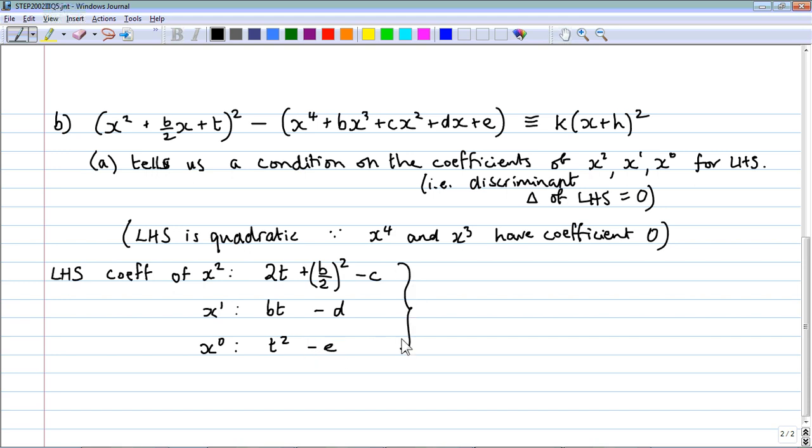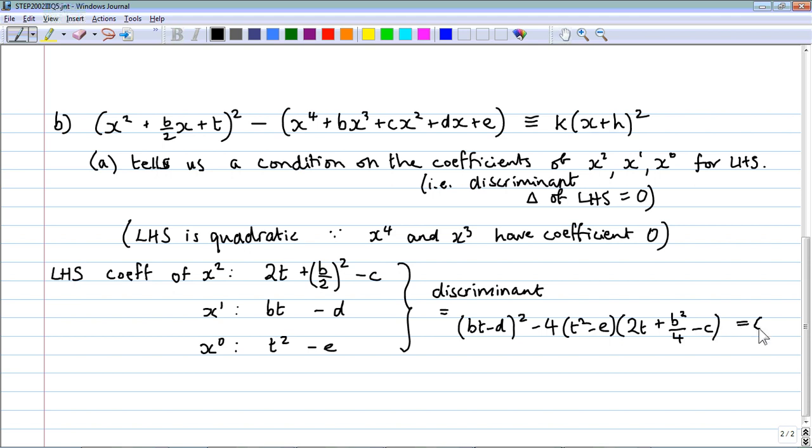So if we combine that information, we get the discriminant, or delta, if you prefer. Slightly complicated structure, isn't it? We've got b squared, so that's bt minus d, the coefficient of x squared, minus 4 times the constant term t squared minus e times the coefficient of x squared, which is 2t plus b squared over 4 minus c.